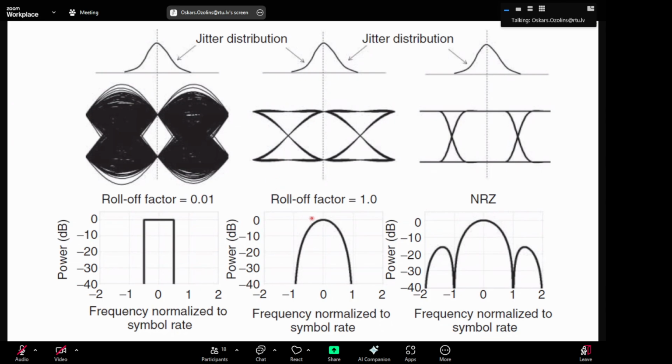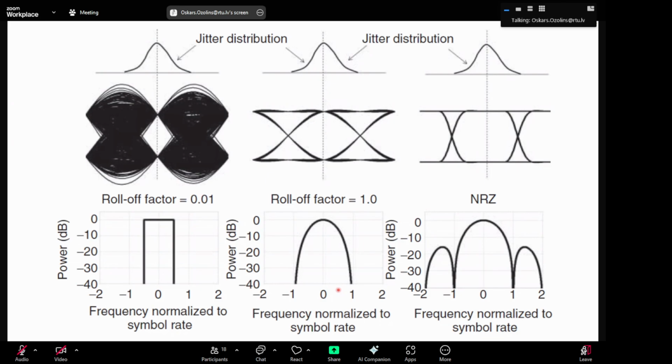Then with pulse shaping you can compress all of the signal into the domain from -1 to +1, and that's a significant improvement that pulse shape is giving in these systems. That's the benefit, because then you can squeeze more signal into a smaller bandwidth.